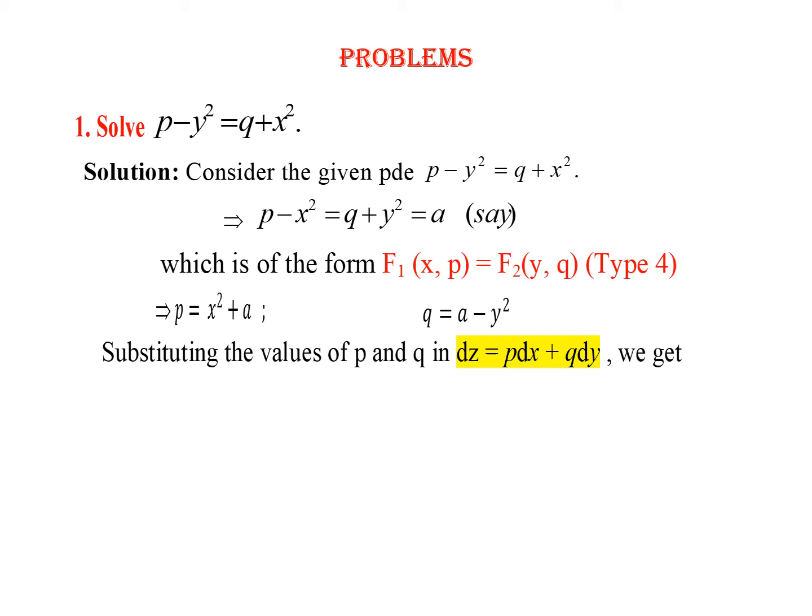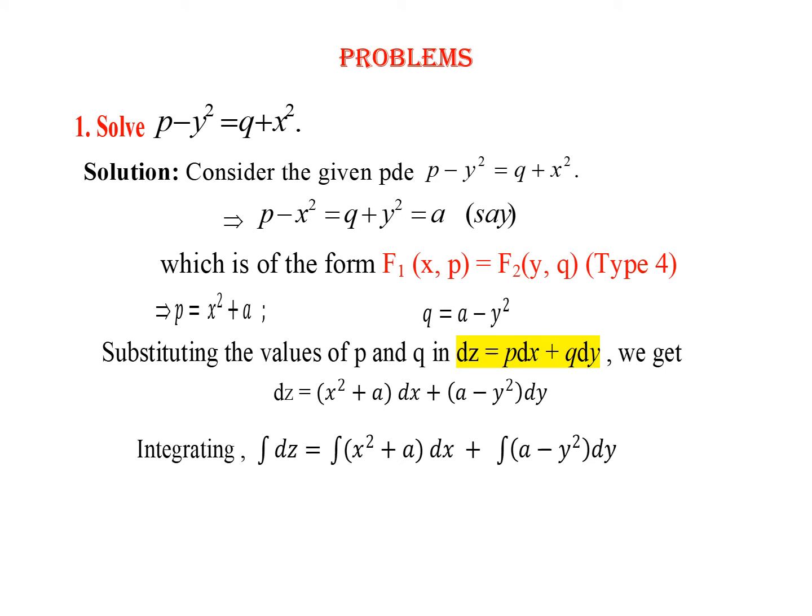As we had seen, dz is p into dx plus q into dy. So we have dz equal to, what is the value of p we got? x squared plus a. And value of q was a minus y squared. Now let us integrate this equation.